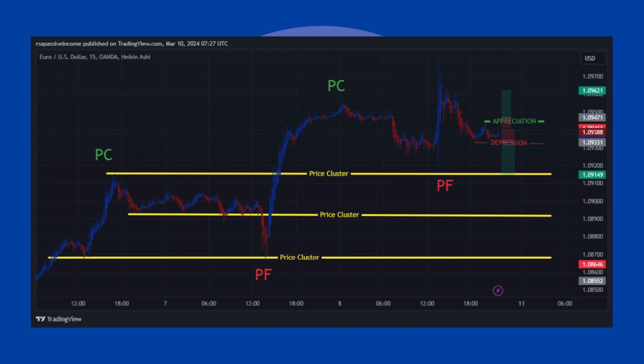Then the next thing is to look for price clutter.